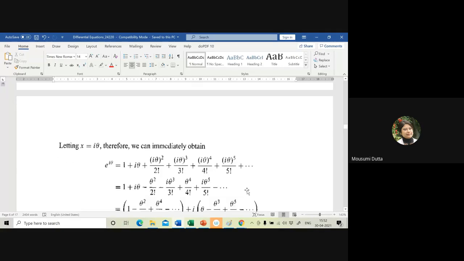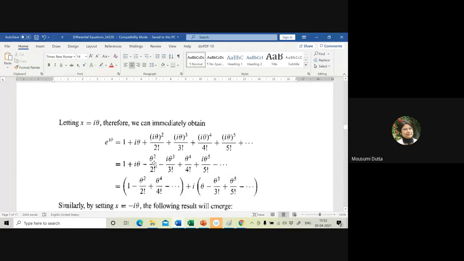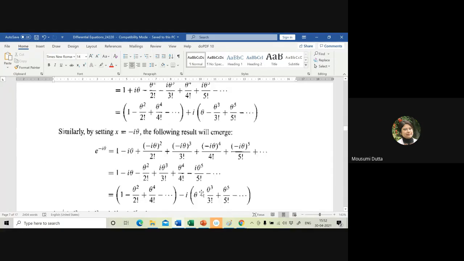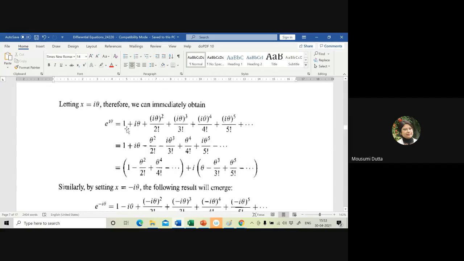Then I am applying the nature of the imaginary number. Now, what is i square? Minus 1. So i square is equal to minus 1, i cube is equal to minus i, i to the power 4 is equal to 1, i to the power 5 is equal to i. So you know all these things. So 1 plus i theta I am keeping intact.